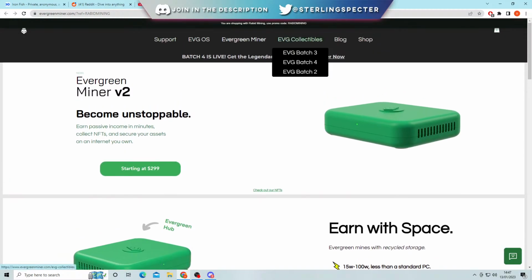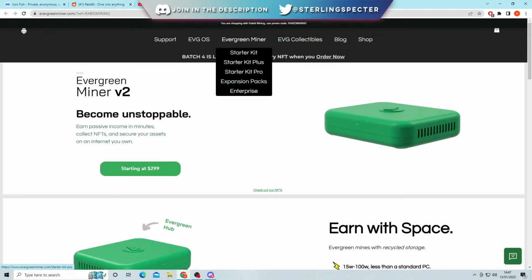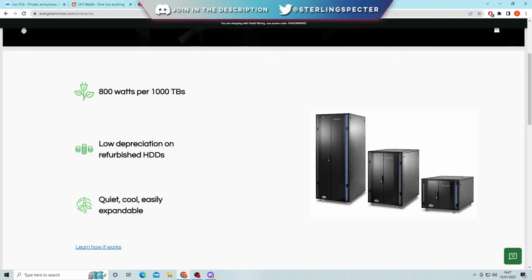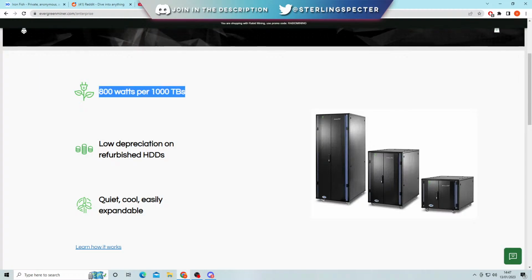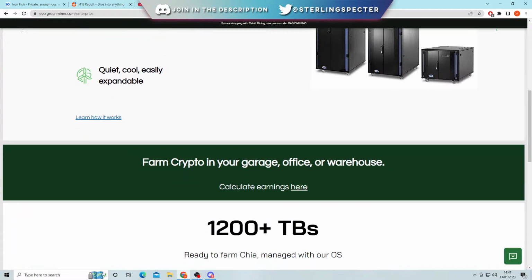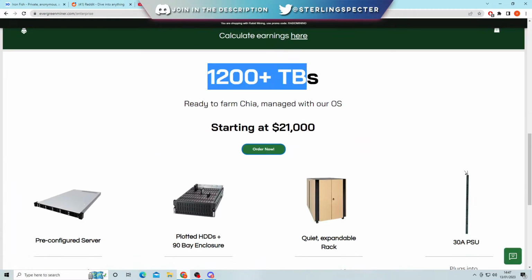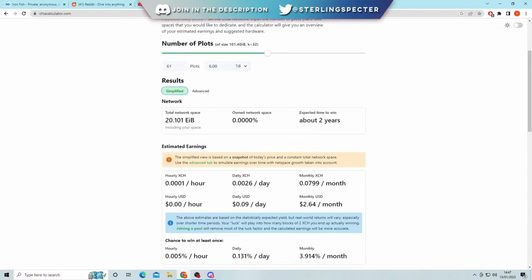Let's have a look now. Starter kit. Enterprise. What's this? 800 watts at 1000 terabytes. Starting at, okay, so 1200 terabytes. Let's have a look at that.